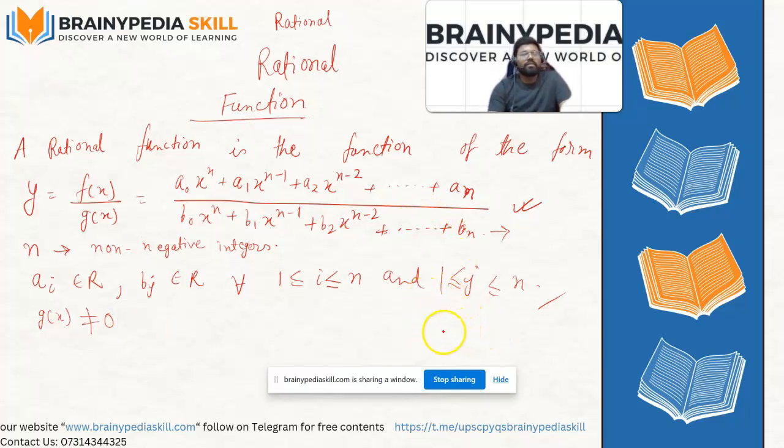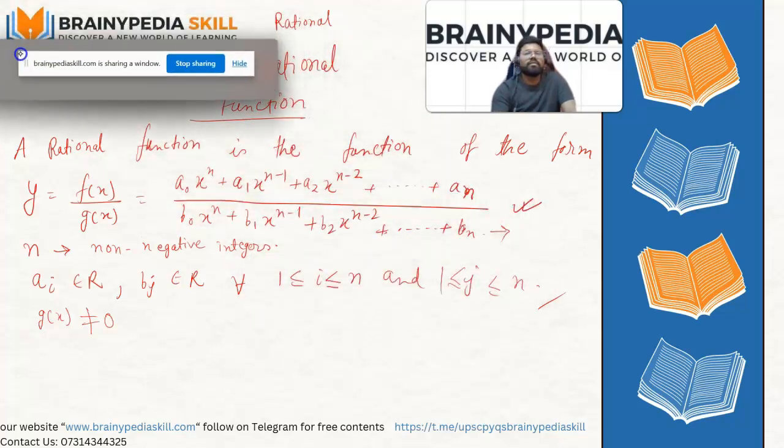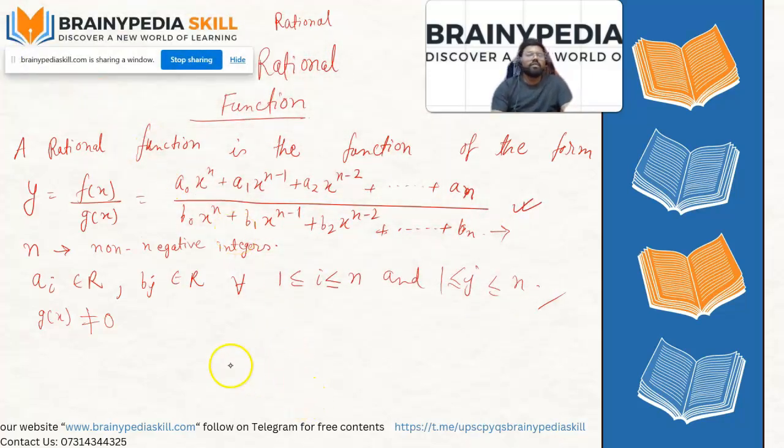So always remember, the range will always be minus of 0 apart from that. So g of x is not equal to 0.